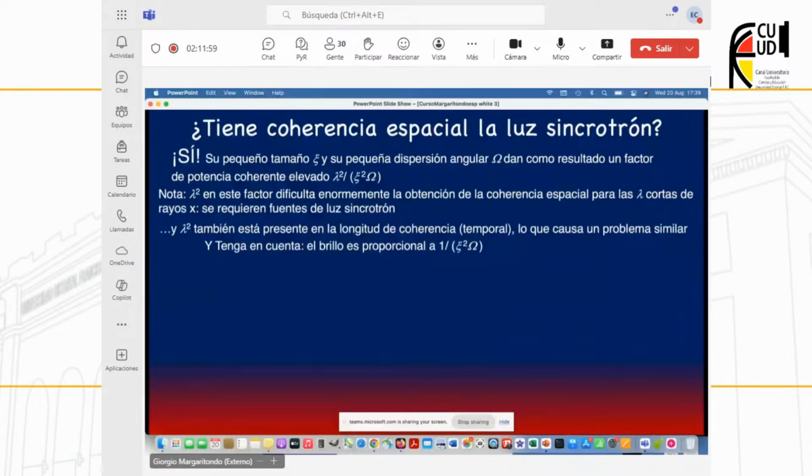We have been fighting for many decades in order to improve the geometry of synchrotron radiation sources by decreasing the geometric parameters, and we got a bonus. We got a bonus because besides getting higher brightness, we also got high spatial coherence.